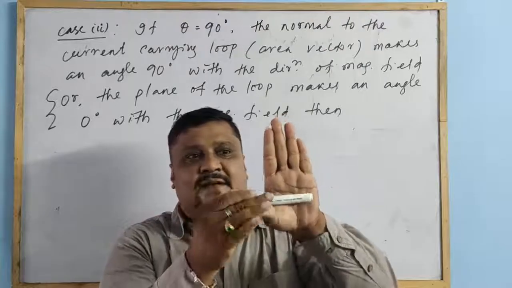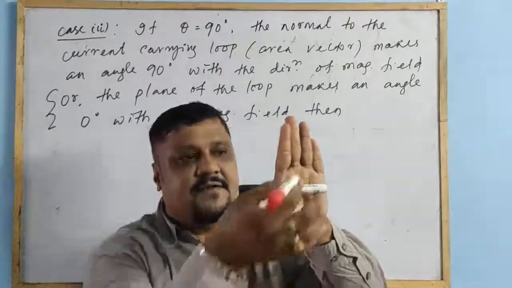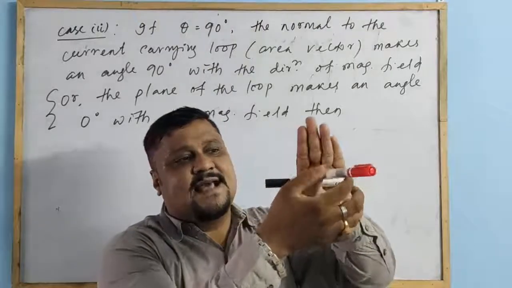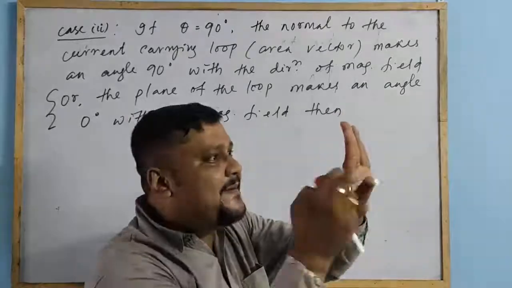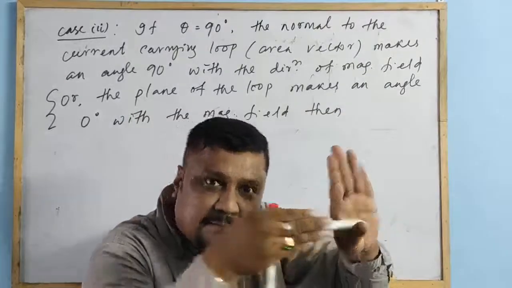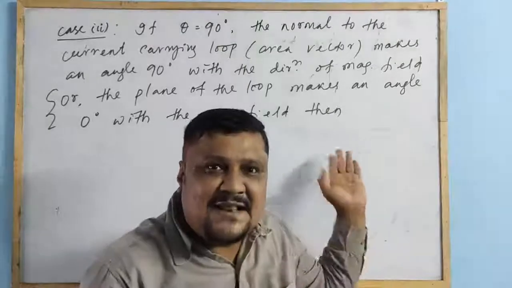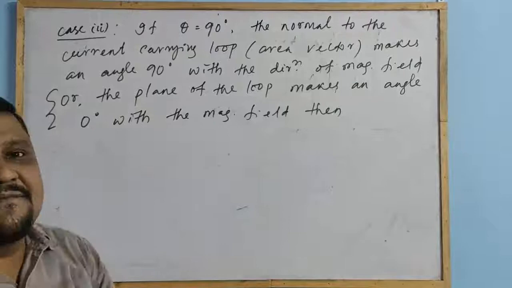This is the area vector, perpendicular. So what is the angle here? 90. It means the plane of the loop is parallel to the magnetic field, 0 degrees. So the plane of the loop makes an angle of 0 degrees with the magnetic field.